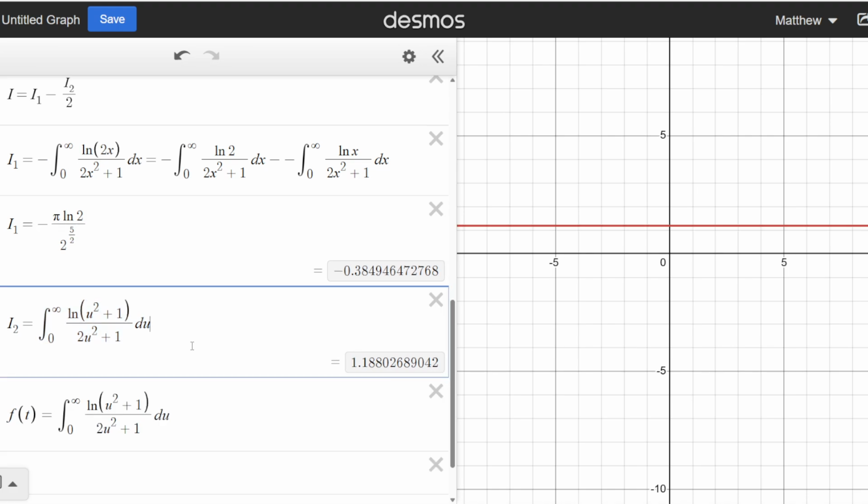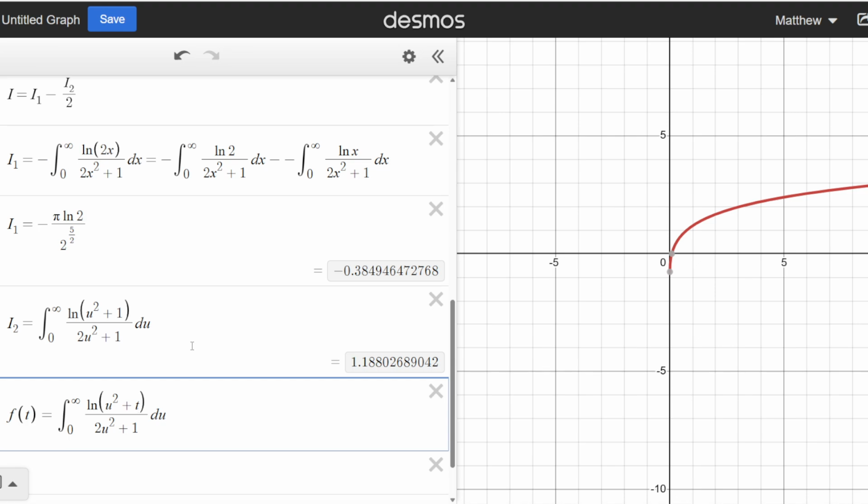And by the way, this is not going to be solvable just directly, although you may be able to use integration by parts. I'm not sure, but that's not what we're going to do. We're going to use Feynman's technique. So we're going to create a function of t. Now, it might be tempting to put the t here, because then technically we could evaluate f at 0. That's just going to be 2 times an integral we've already solved.